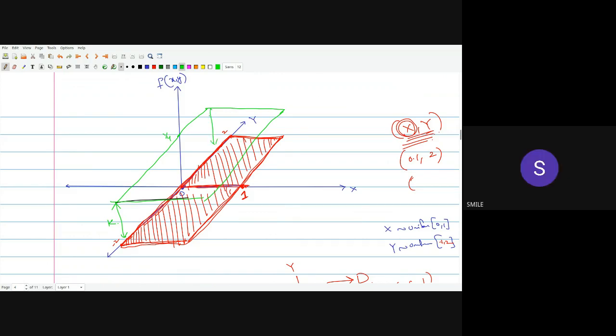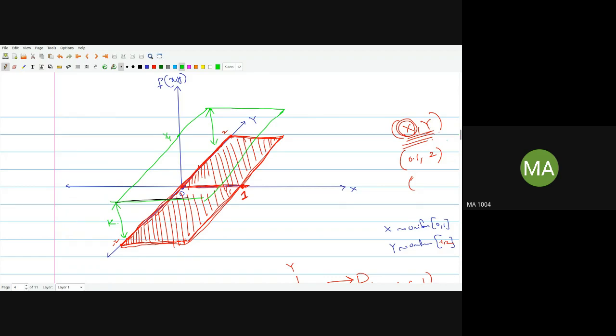Sir, one doubt, sir. If we had here x uniformly distributed from 0 to 1, right? And y uniformly distributed from -2 to 2. Given both of these conditions, does it necessarily imply that f of x comma y is also uniformly distributed? That you can check using the independence condition.